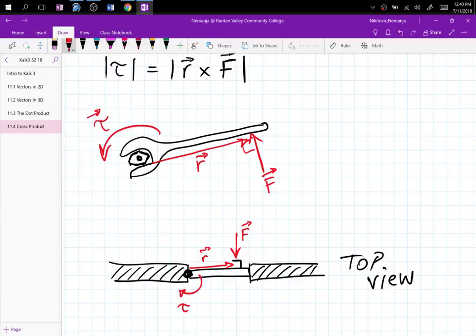Now you also see that the amount of the torque depends on how hard you push, which is force F, and the radius, which is how long the door is.